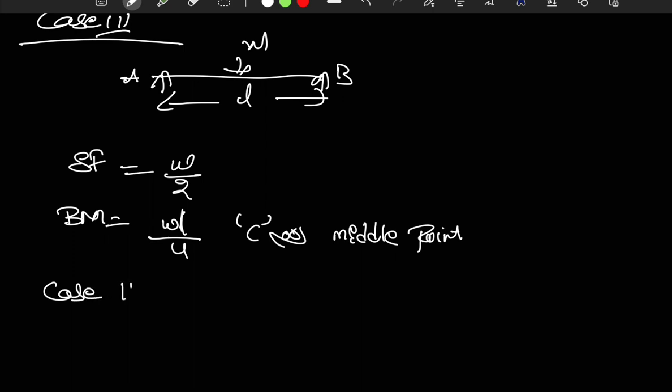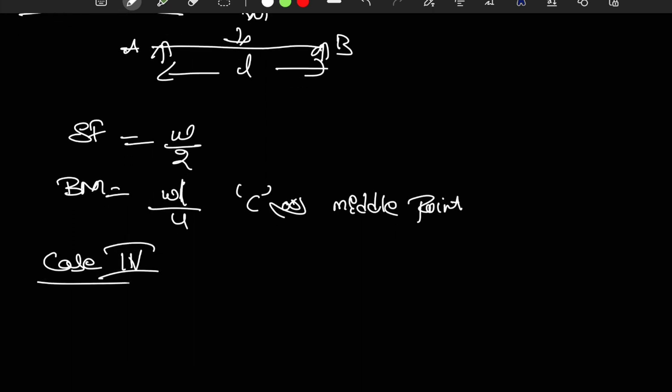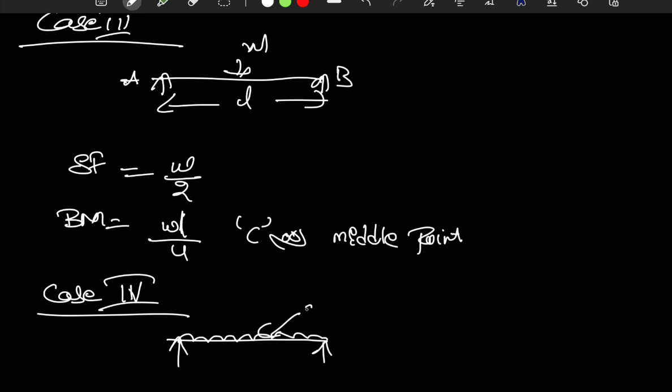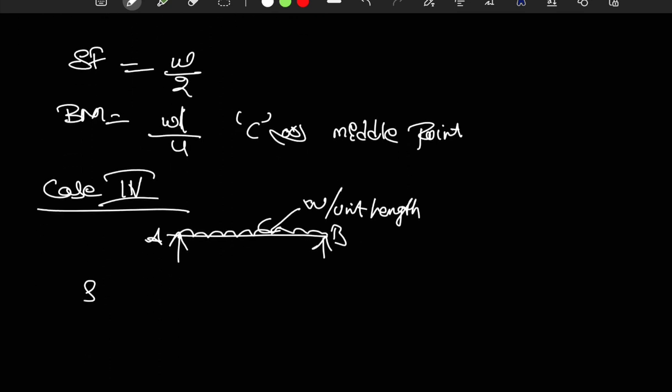Case 4. These are very important formulas: simply supported beam subjected to UDL over the entire span, W per unit length, A and B. The shear force formula is WL by 2.